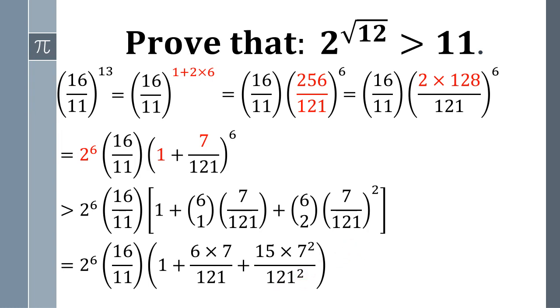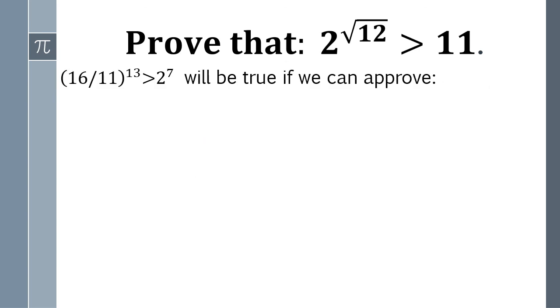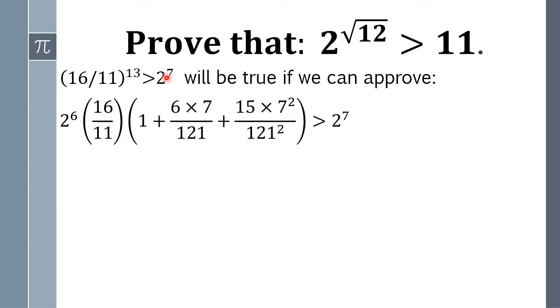So, if we want to prove 16 over 11 to the 13th power larger than 2 to the 7th power, we just need to prove the binomial expansion is larger than 2 to the 7th power.